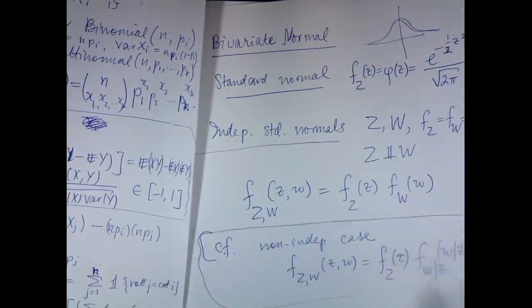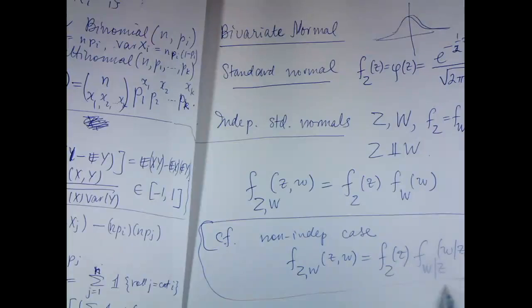That's actually true whenever you have a pair of jointly normal random variables. The joint equals the conditional times the marginal: conditional equals joint over marginal, so joint equals marginal times conditional, if you do it right. And the only difference in the independent case is that conditional equals unconditional.